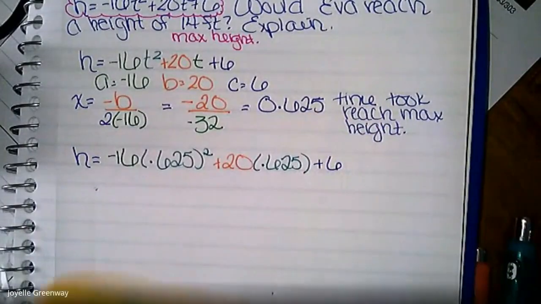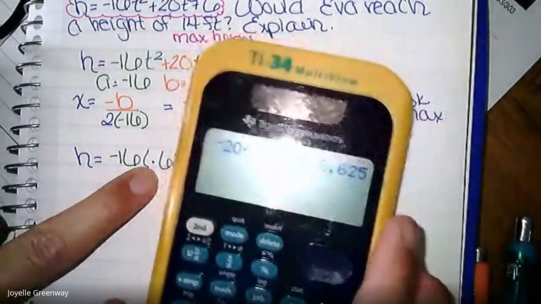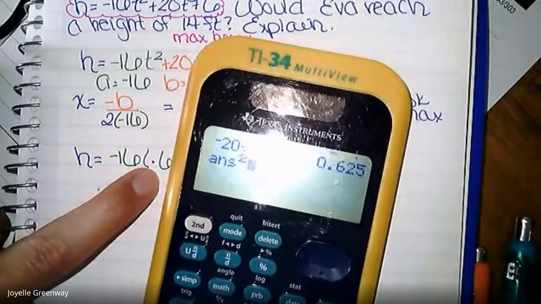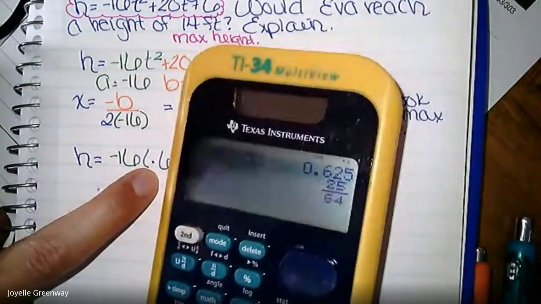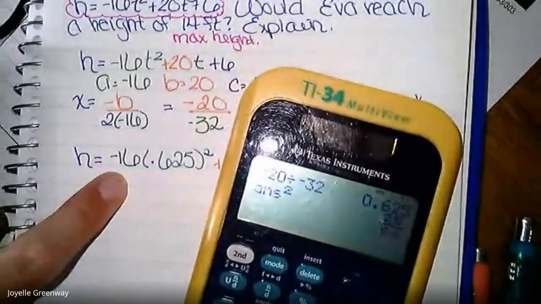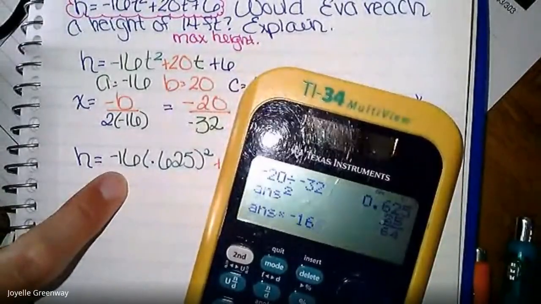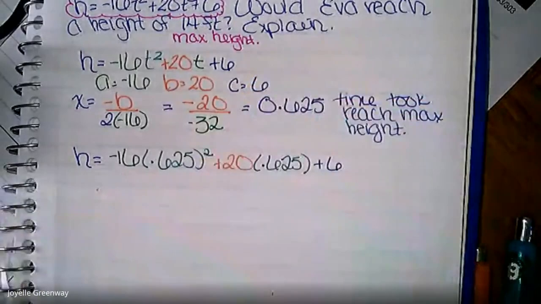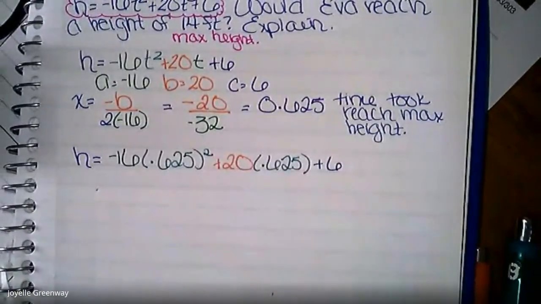So I'm going to square 0.625 first. Okay, I don't want that fraction. Times -16. Oh, I have to change my mode here. So -16 times 0.625 squared.